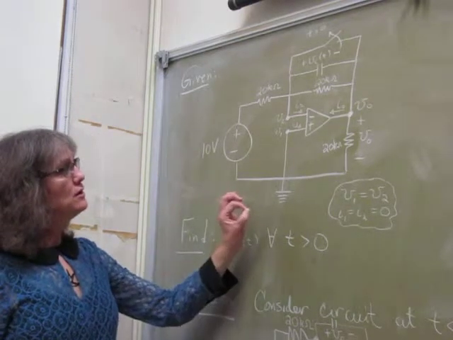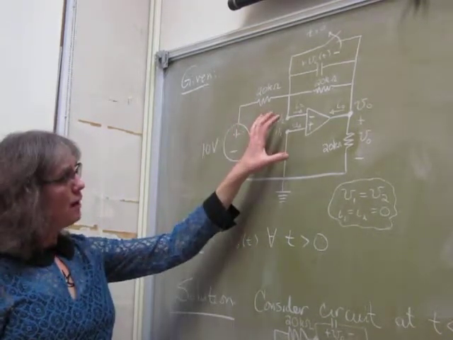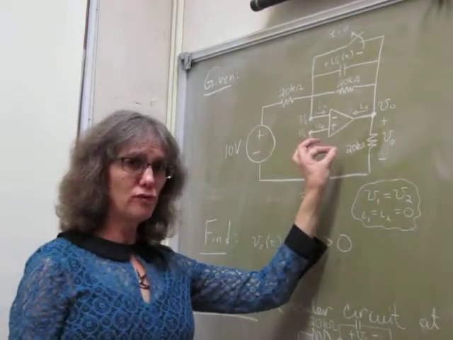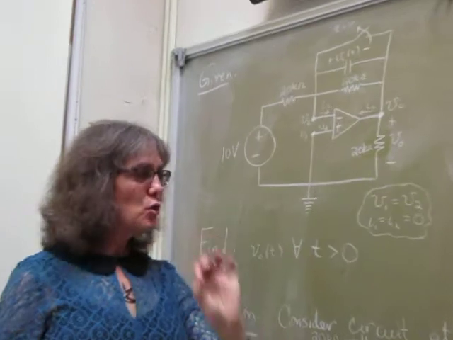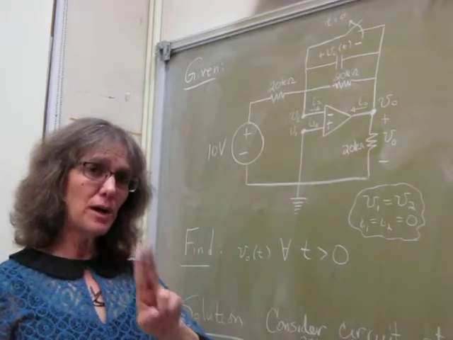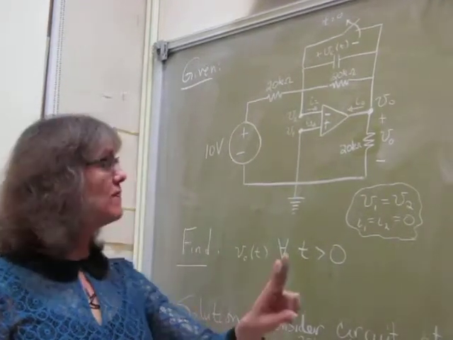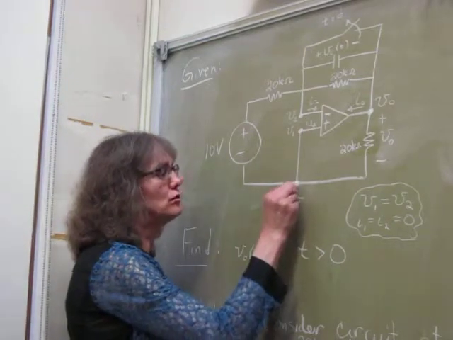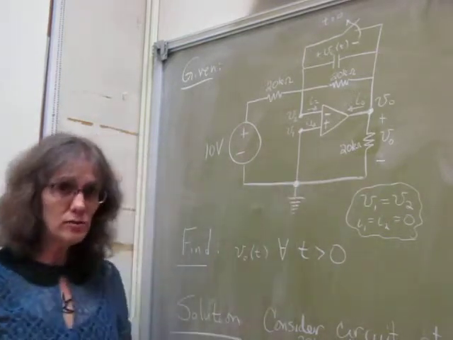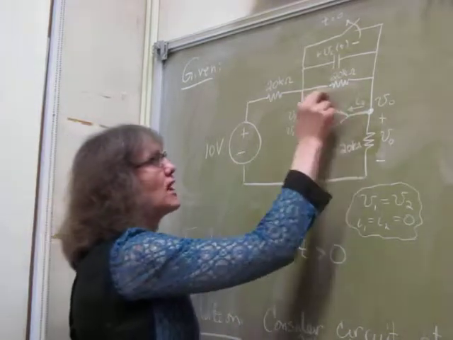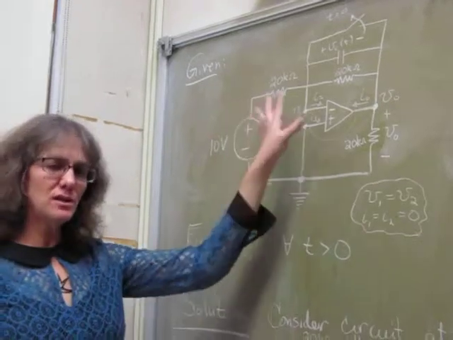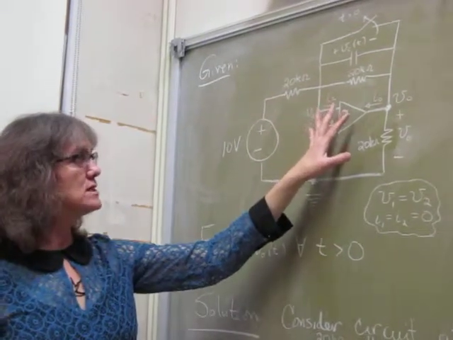Now, the thing you have to be a little bit careful of is when you have a problem with an op-amp in it, usually the best way to go is node voltage analysis, but you have to remember 2 things about applying node voltage analysis, and that is you cannot do a Kirchhoff's current law at the ground or for the op-amp itself. That has to do with what I mentioned, that it was actually more than a 3-terminal device.